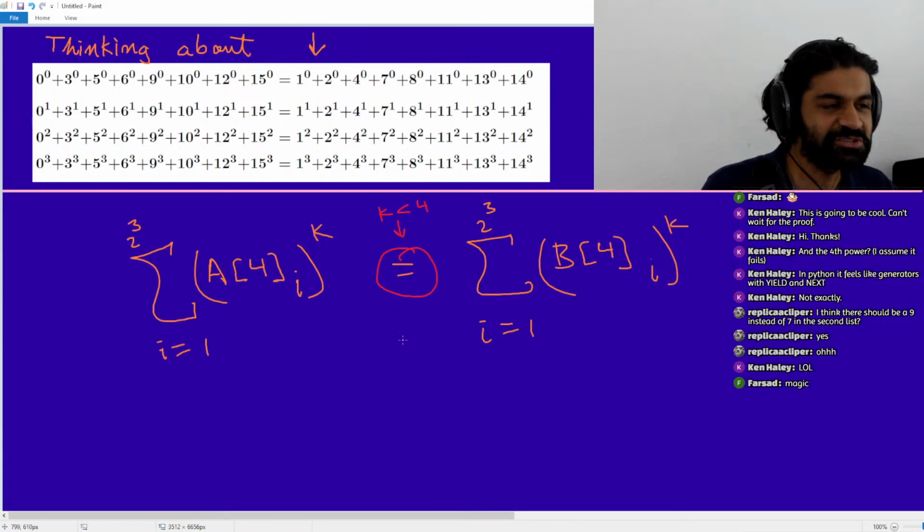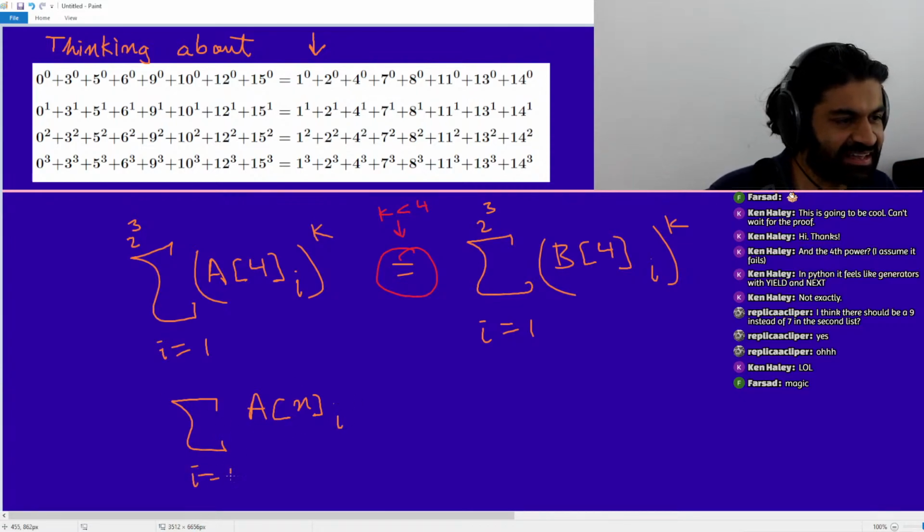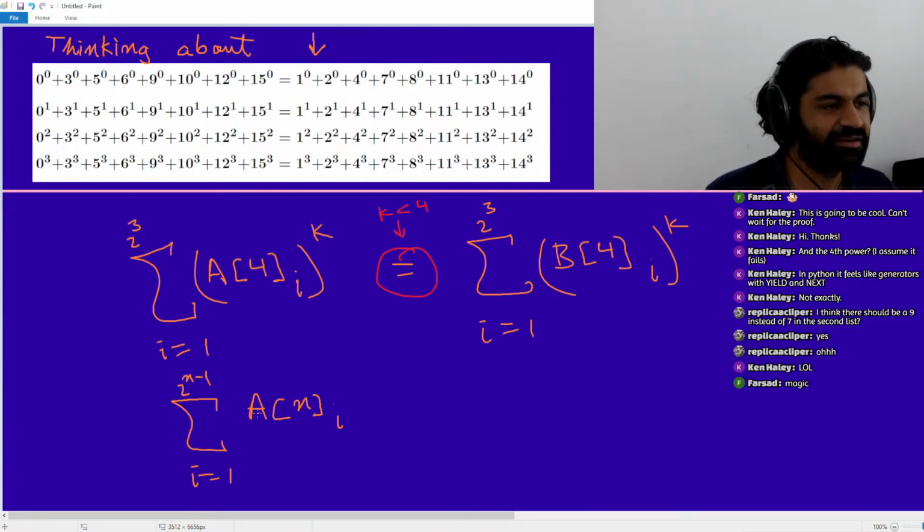Okay. So in general, what do we have over here? If I were to write it down, what I'm dealing with is the following. If I take all the terms in An and add them all up, how long is An? An has length 2 to the n minus 1, and I raise these to a kth power.